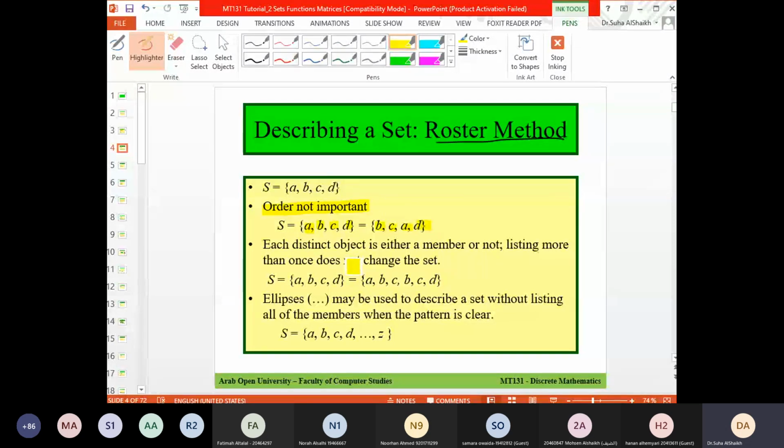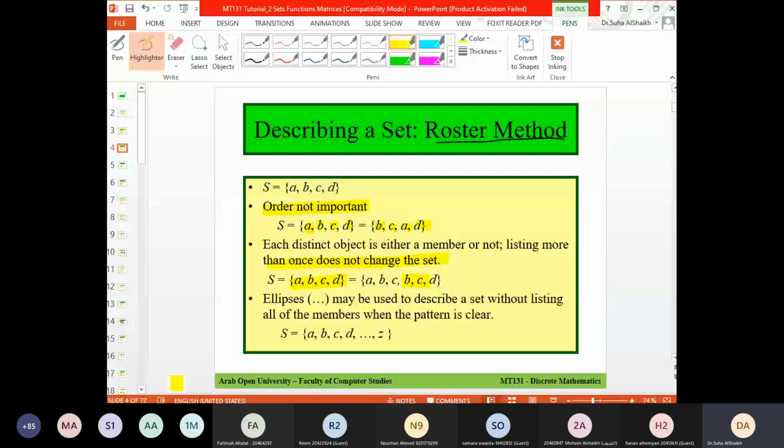Also, each distinct object is either a member or not, and listing more than once does not change the set. If you write A, B, C, D, this is the same as writing A, B, C, B, C again, and D. I repeated B, C two times. It's the same.